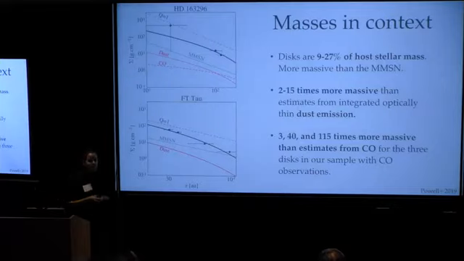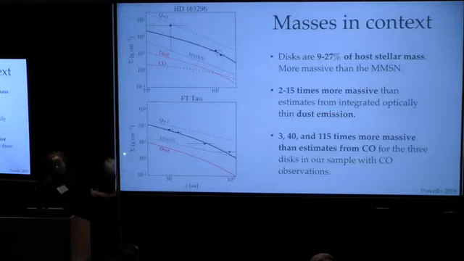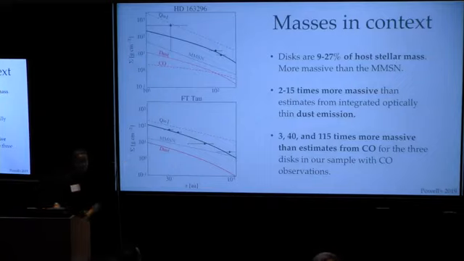Okay, so now let's put these masses in context. Here on the left, for 2 of the disks in our sample, I'm showing our total gaseous surface density derived by dust lines in black, compared to previously tracer-derived surface density profiles and the minimum mass solar nebula. The disks in our sample are 9 to 27% of their host stellar masses, significantly more massive than the minimum mass solar nebula.